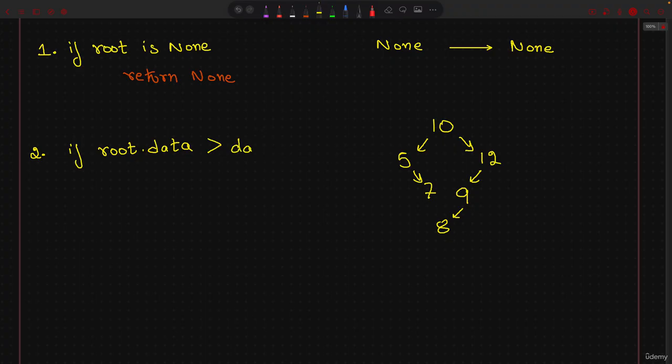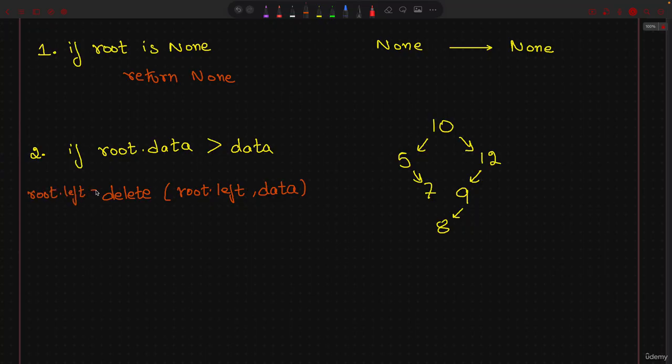So what I have to do is just call delete on my root dot left with the data. One thing more to understand here is that we should also update root dot left.